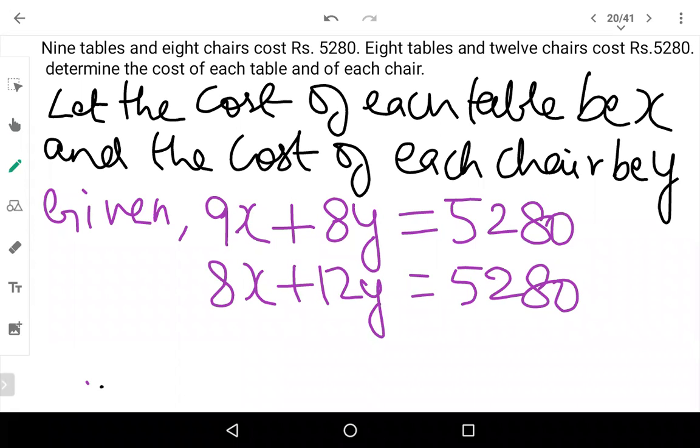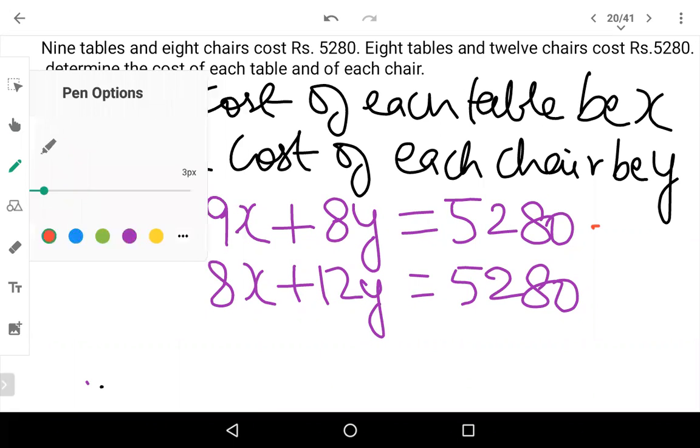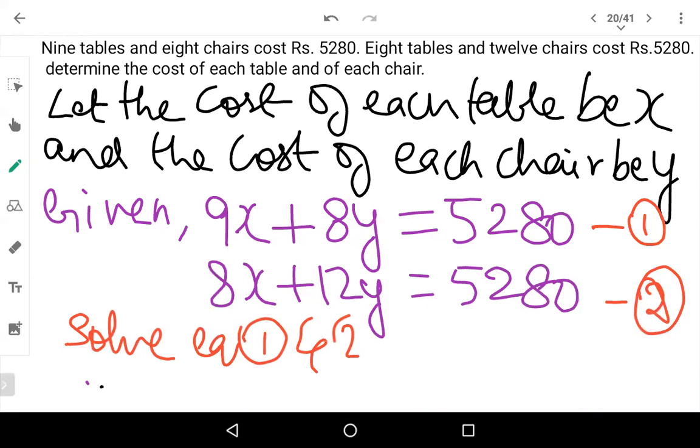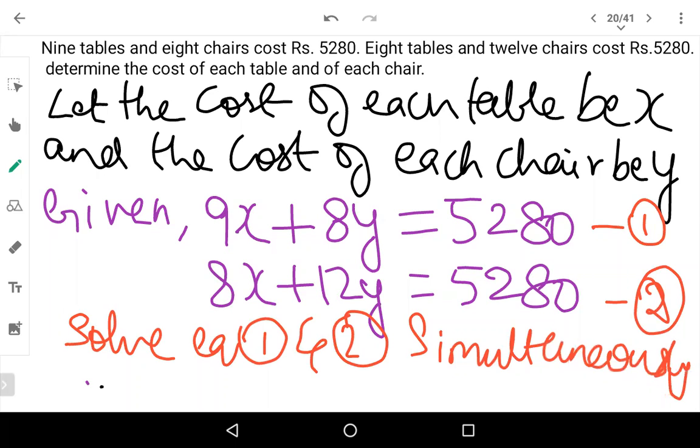Okay, so we have equation number 1 and we have equation number 2. Now let us solve them simultaneously. Solve both the equations 1 and 2 and tell me the answer.